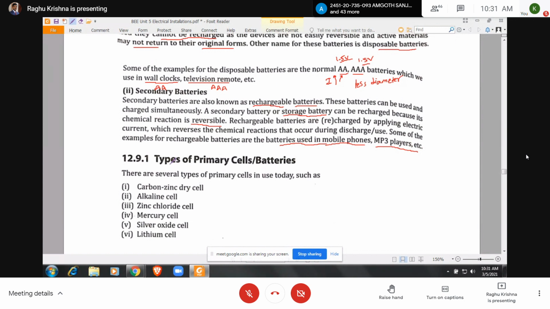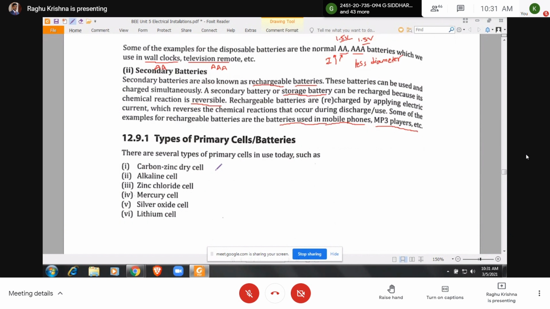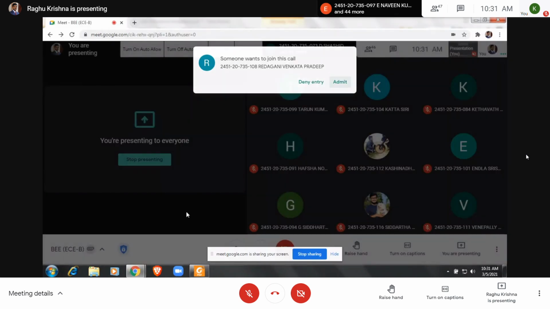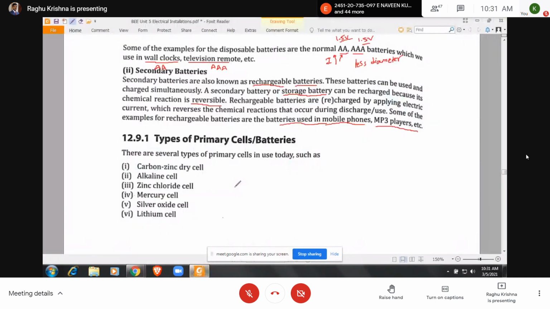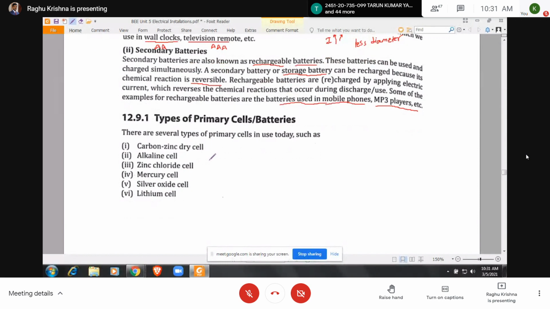Now coming to the types of primary cells. Here you can see the first one is the zinc carbon dry cell, alkaline cell, zinc chloride cell, mercury cell, silver oxide cell, lithium cell.